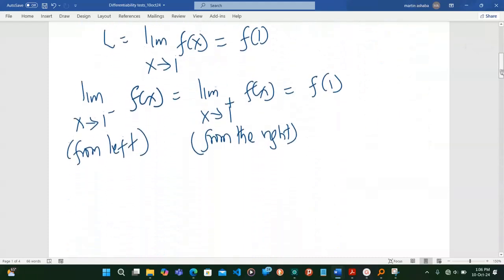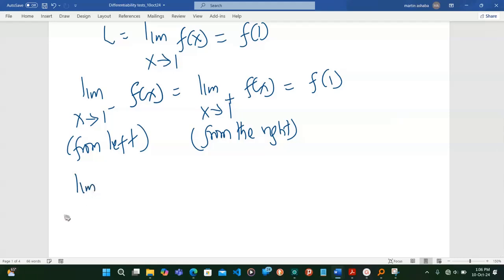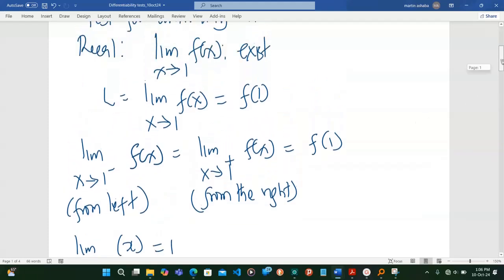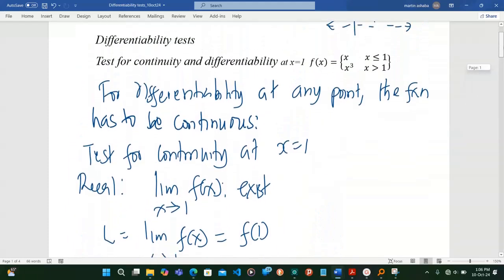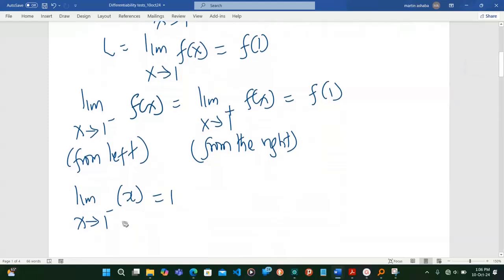So the limit as x tends to 1 from the left of f of x is going to be 1. When we substitute the value of x equal to 1, we are getting 1.